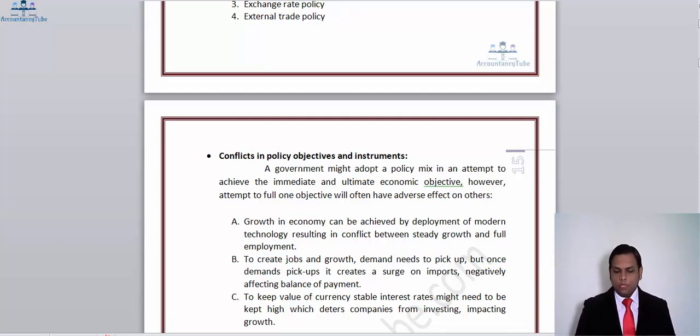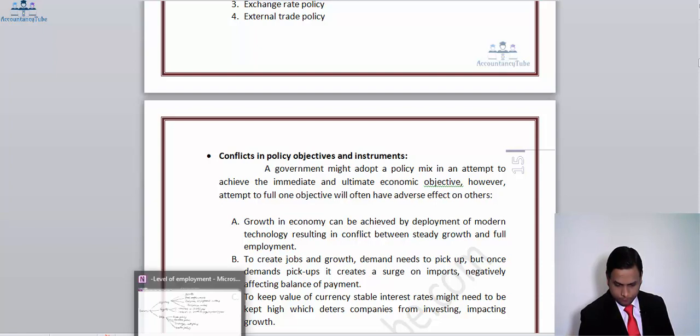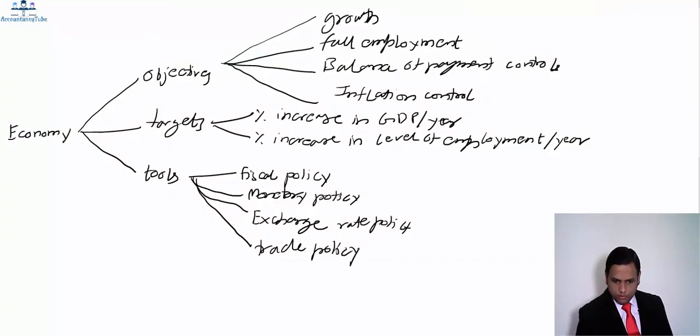That is, growth in economy can be achieved by deployment of modern technology, resulting in conflict between steady growth and full employment. Now, the thing is, growth can be achieved via modern technology.